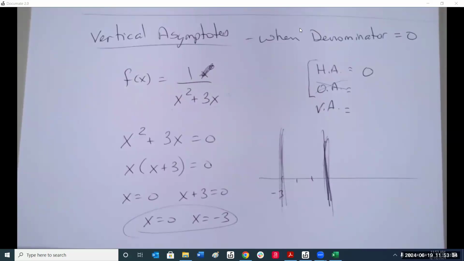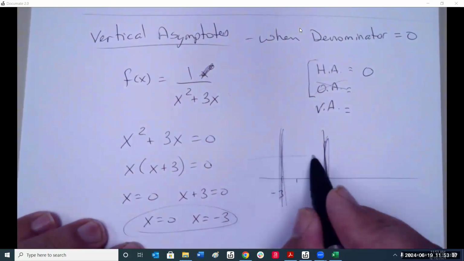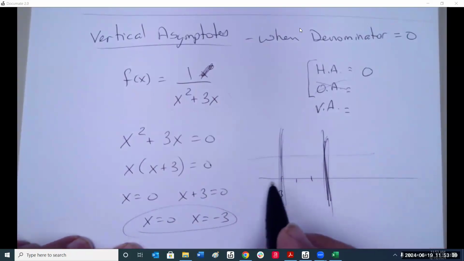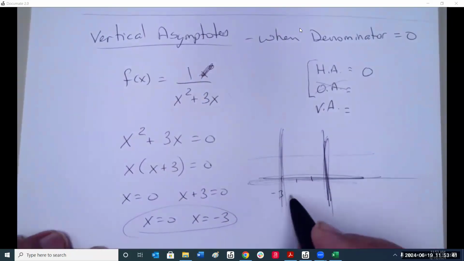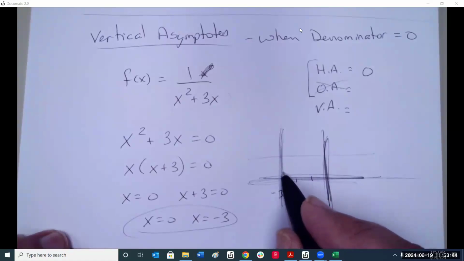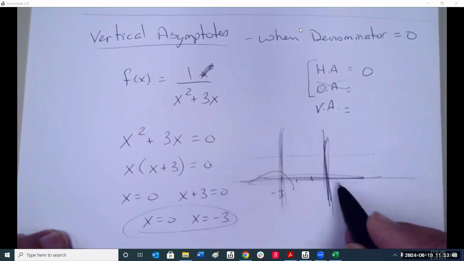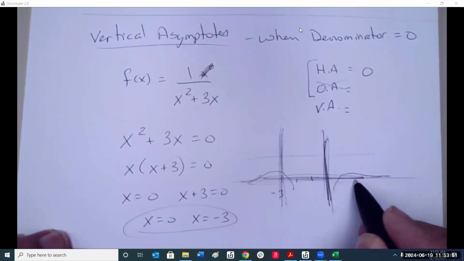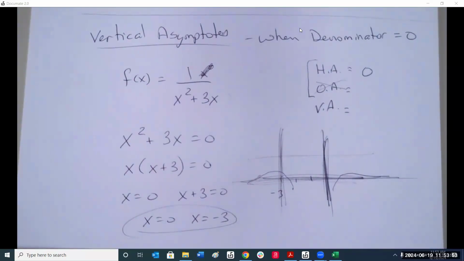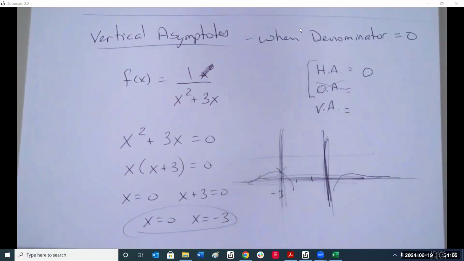Unlike horizontal asymptotes, where, and we do have a horizontal asymptote here, the graph can cross the horizontal asymptote, but when it does, it has to taper off and get to the asymptote. So horizontal asymptotes can be crossed, but the graph has to go back down to that asymptote. But vertical asymptotes cannot be crossed, because that's where the function becomes undefined.